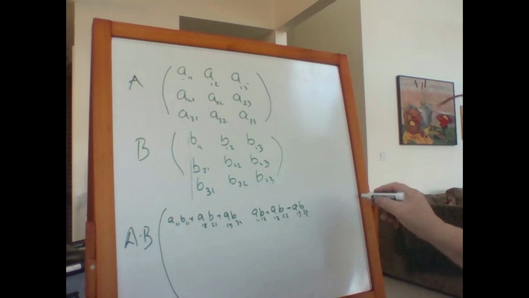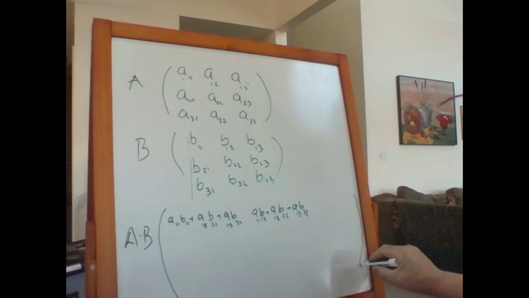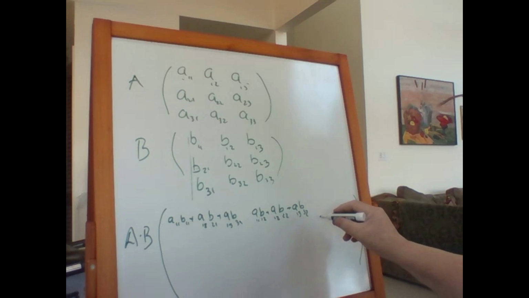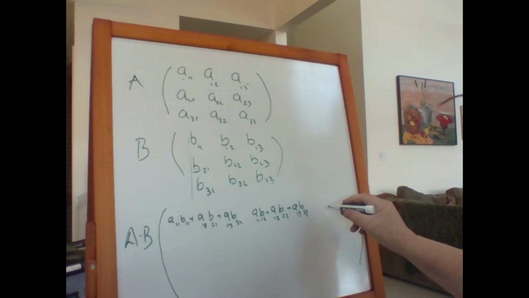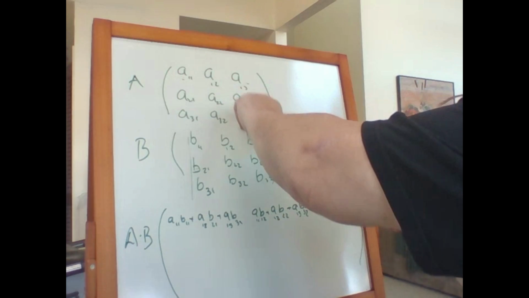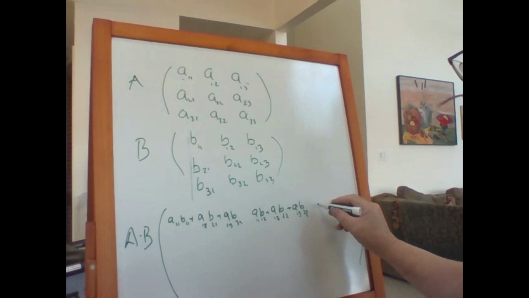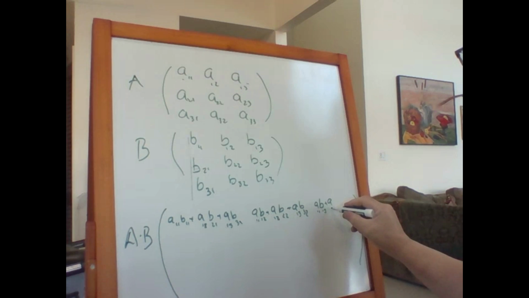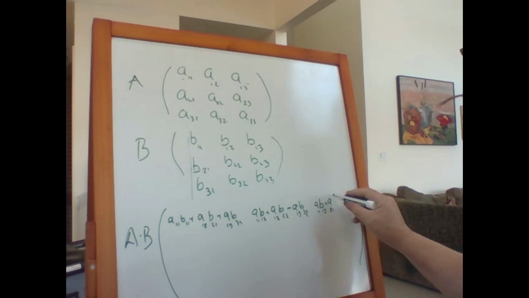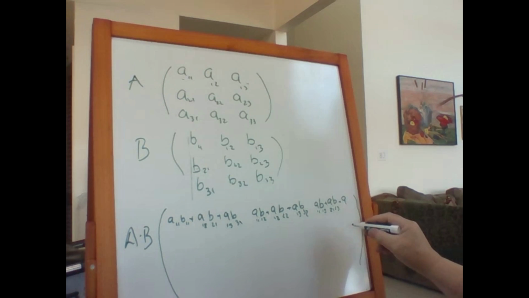And our last position all the way over here is going to be a little challenging to write in the room. So we have that multiplied by that: A1,1 B1,3 plus A1,2 B2,3 plus A1,3 times B3,3.